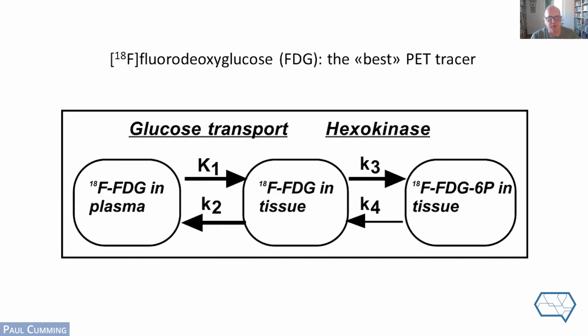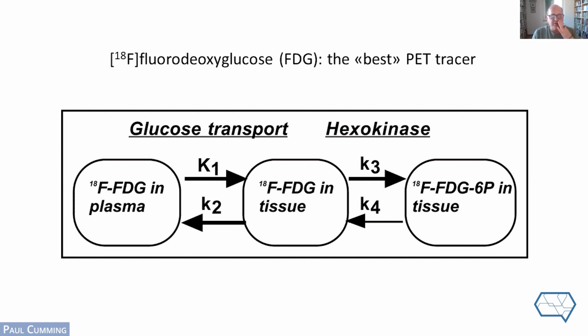And in very formal terms, we can represent that as a series of forward and backward reactions where the fluorodeoxyglucose, which I call the best PET tracer because nothing has worked quite so well and so usefully as fluorodeoxyglucose, which we call FDG. Now, the tracer is administered by an intravenous injection.